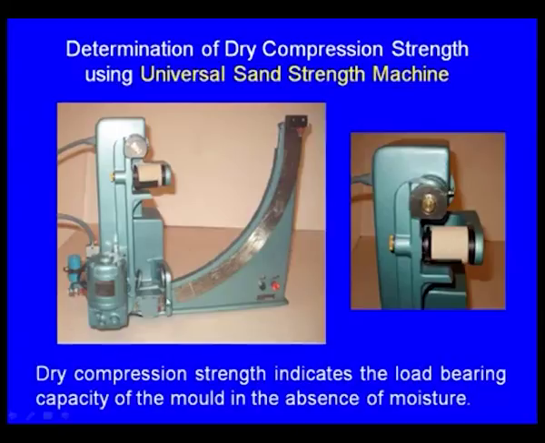We place it on the universal sand strength machine. As the pendulum goes up, previously a compression force was falling on the specimen. Now, because of the nature of the pads, a shear force will be acting on the specimen. Again, same thing, you keep rotating and the pendulum will go up.